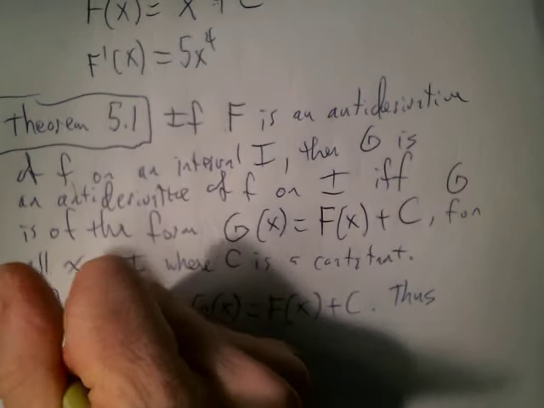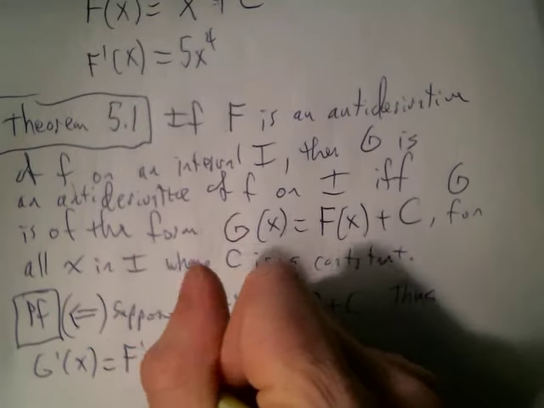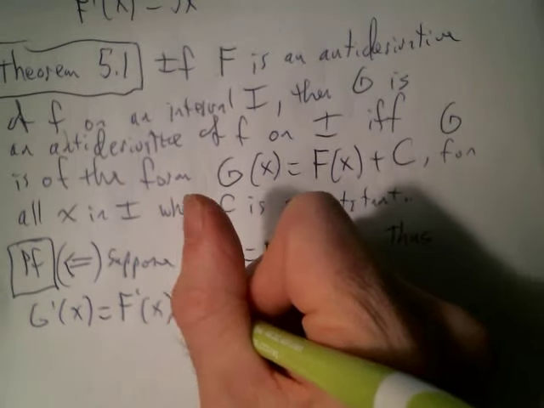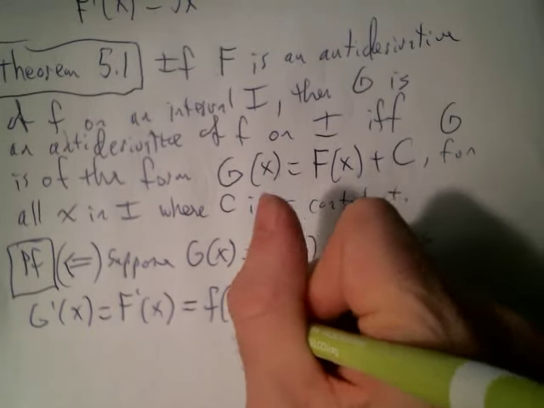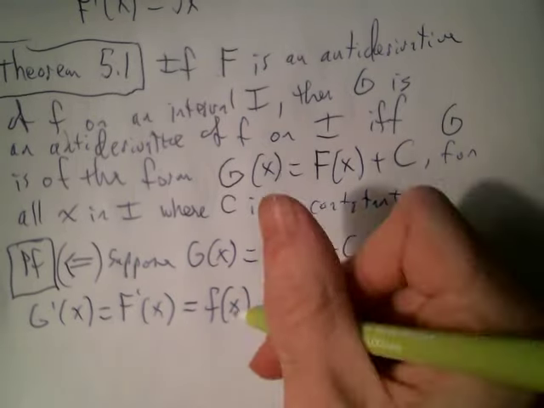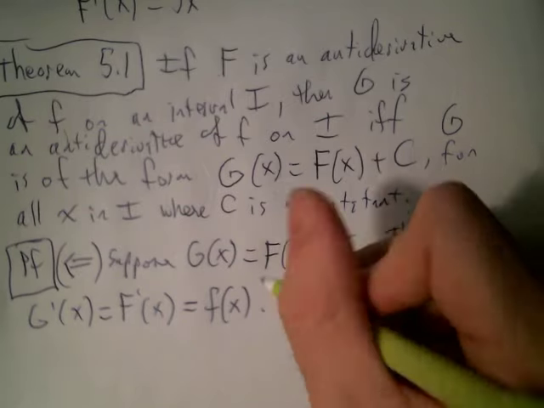Thus, g prime of x must equal F prime of x plus 0, where F prime of x equals f of x. And then hence by the definition of the antiderivative, g of x is an antiderivative of little f of x.